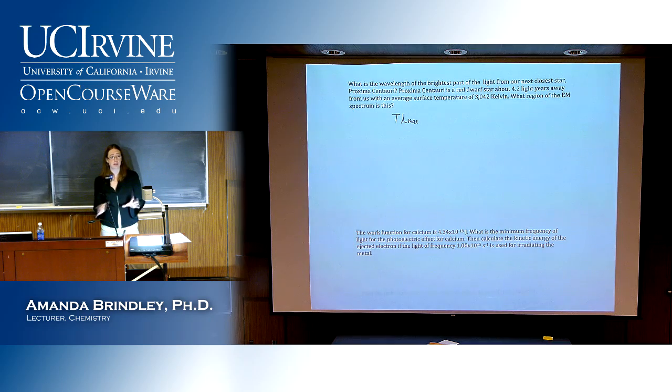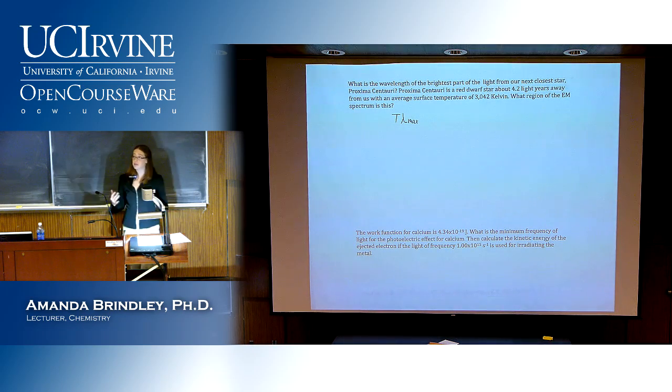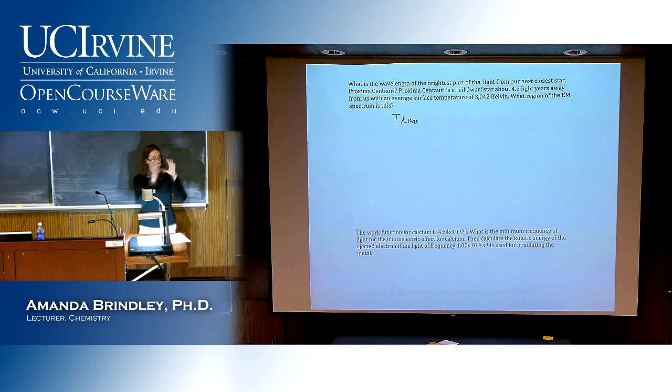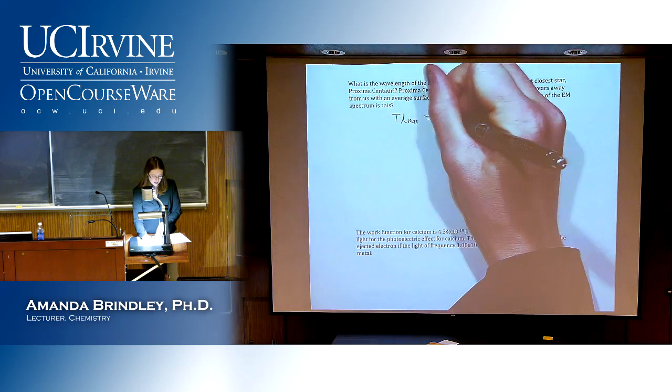We're going to work this problem a little bit backwards from what an actual astronomer would do. An actual astronomer would have computers draw out this wavelength spectrum, see all of the different wavelengths, and find the temperature of the star. In our case, we're going to work it the other way.